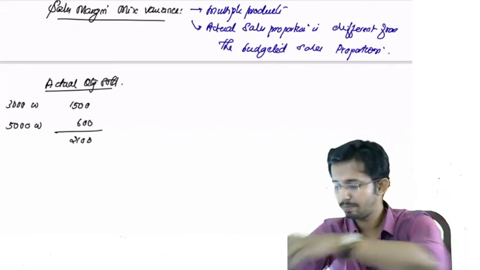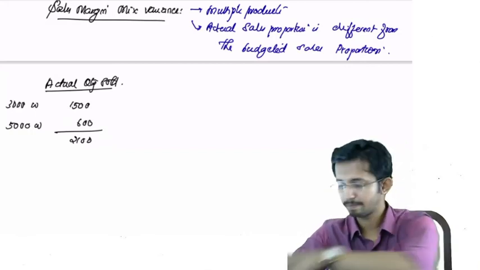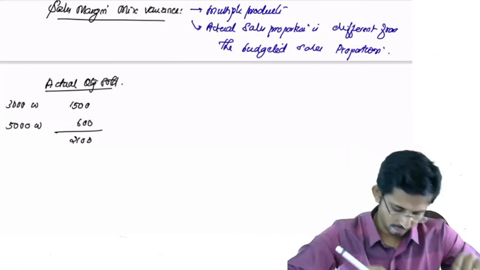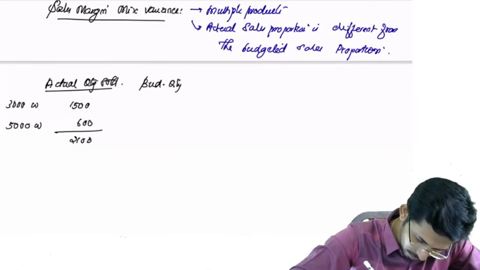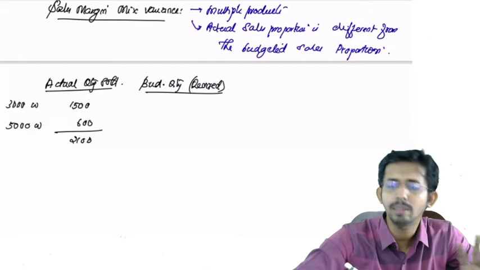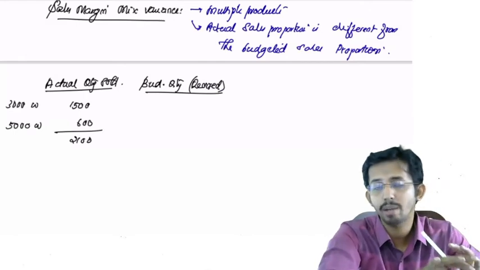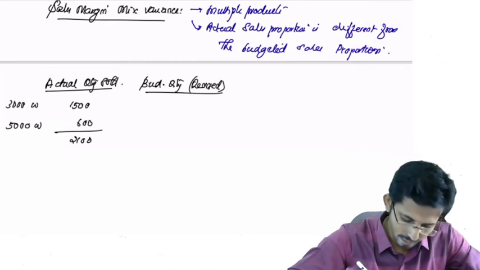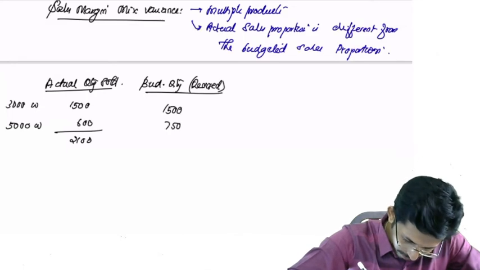Now there is a budgeted proportion. Which budget quantity? Revised budget quantity, because the original budget quantity is relevant only for computing the planning variance. Once you have computed the planning variance, it is not relevant at all. So revised budgeted quantity is 1500 to 750.